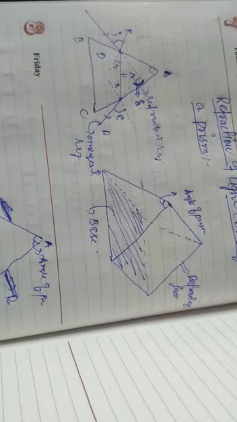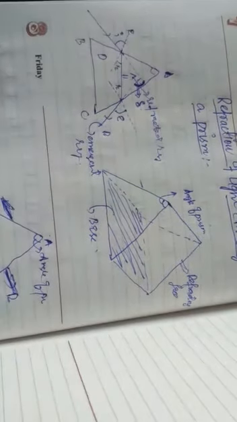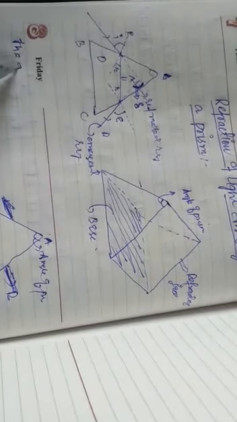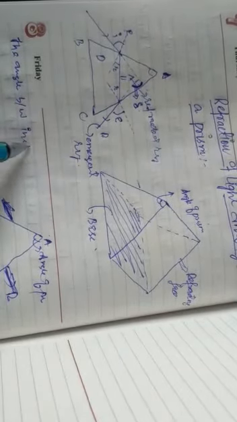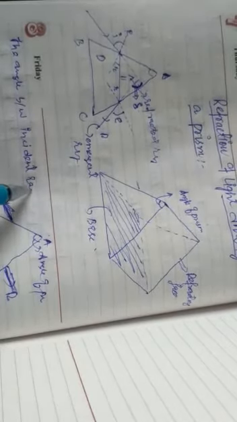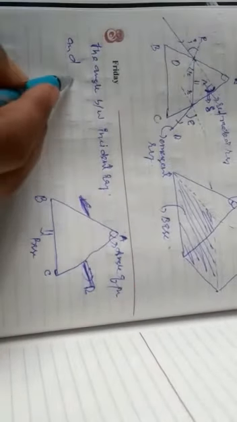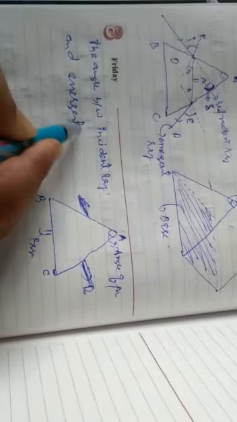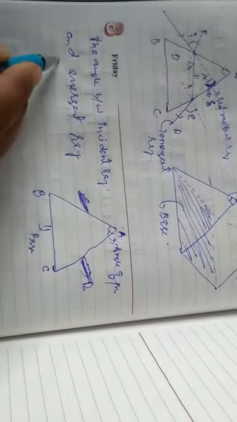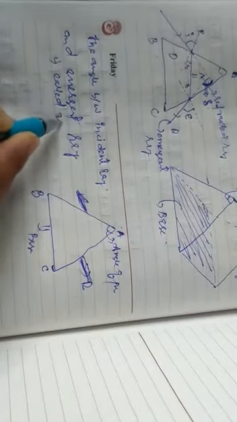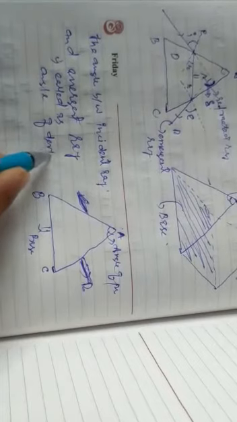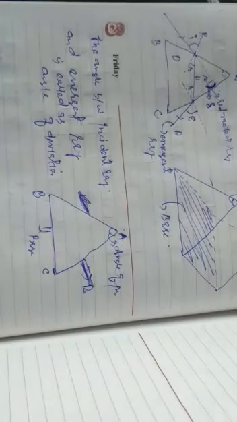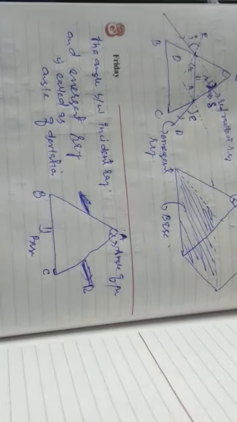The angle between the incident ray and the emergent ray is called the angle of deviation. After this angle of deviation, we have one more topic that is called dispersion of light.